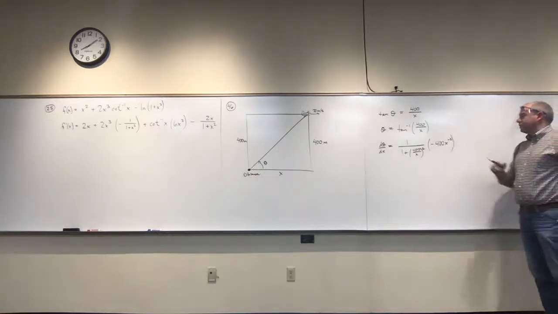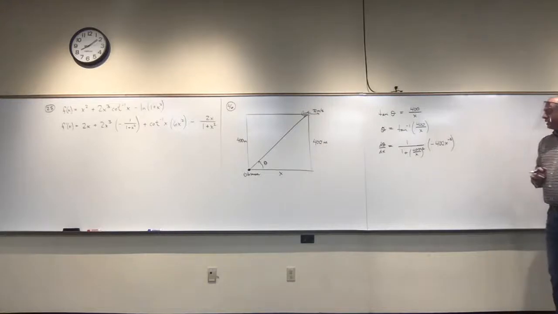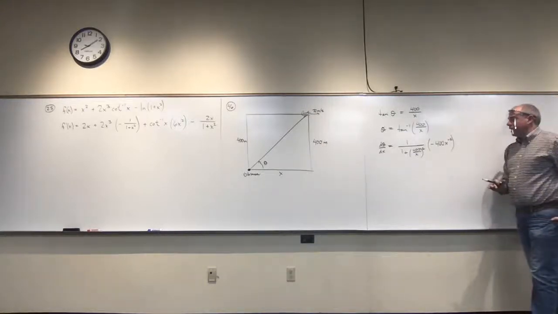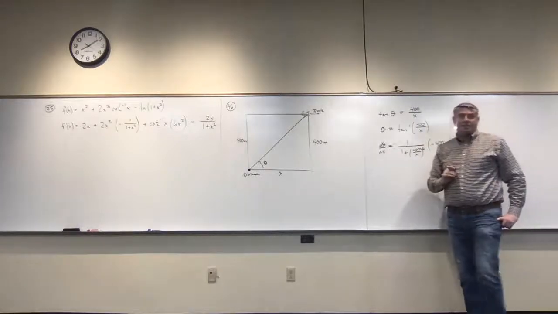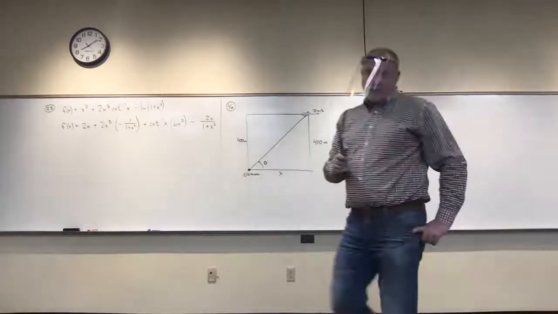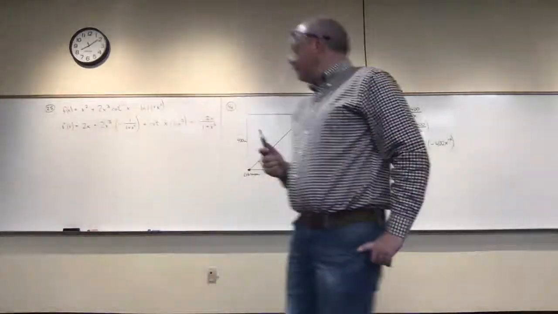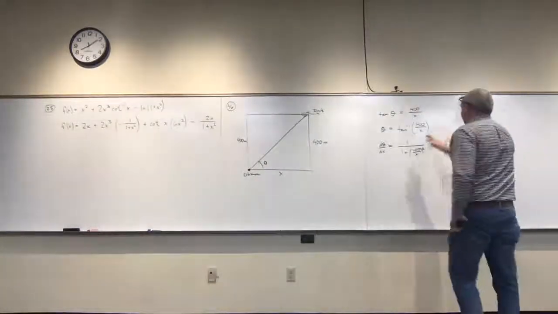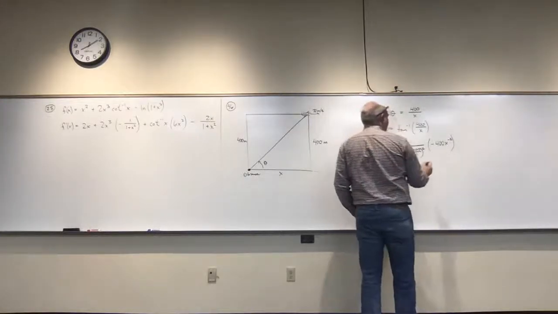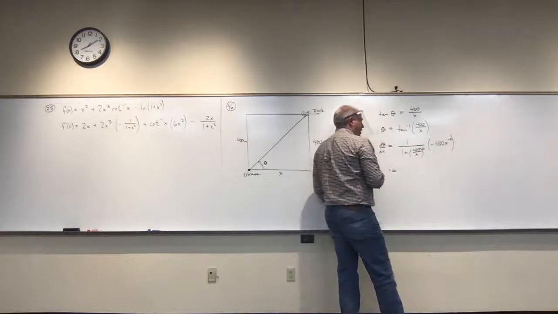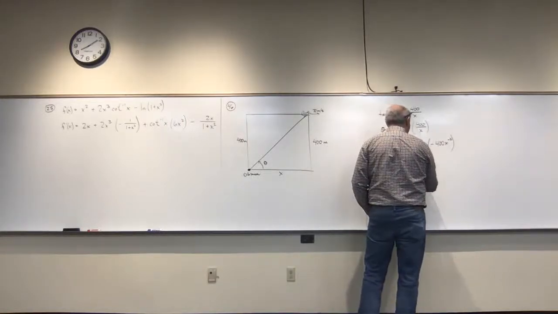Okay, and of course I could rewrite that if I wanted to and maybe simplify this thing a little bit. But this is the derivative, and they want to know what is that derivative at a certain value of x. And in this case, that value of x is 500. If I wanted to simplify this a little bit first, I've got minus 400 on top.